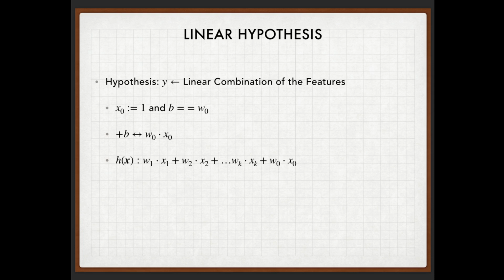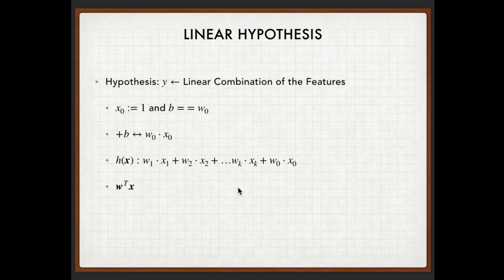If you remember something from your linear algebra, this kind of summation can be written as the inner product of a vector W, which is W0 all the way down to WK, and a vector X, X0 to XK. Remember that X0 always takes the value 1. Later in our discussion, we will take whichever form is convenient for us.